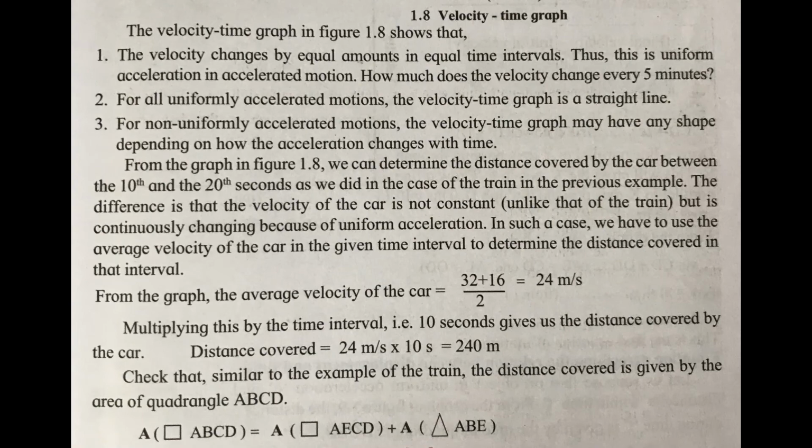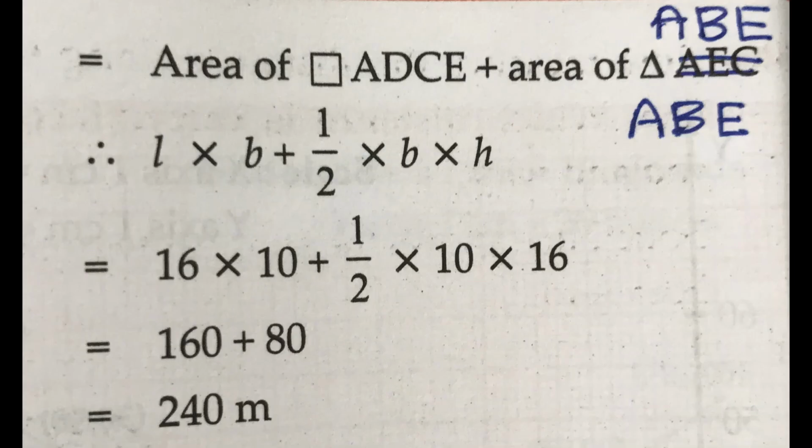So it will be half into base into height, that means half into 10 into 16. AE is the base, BE is the height. So half into 10 into 16 plus the area of rectangle AECD.